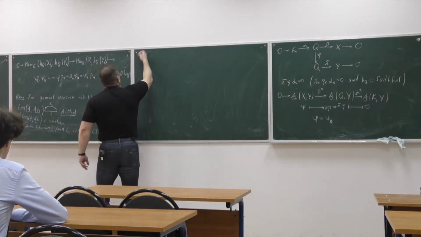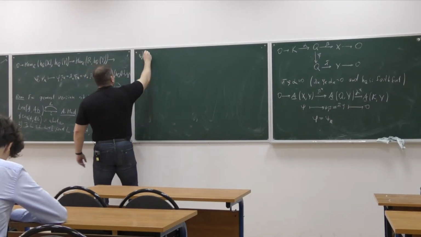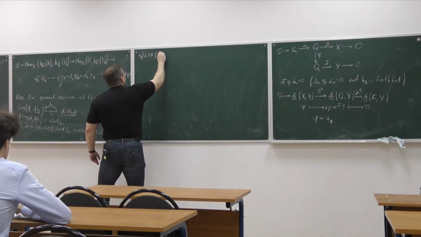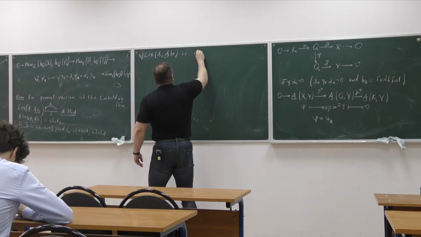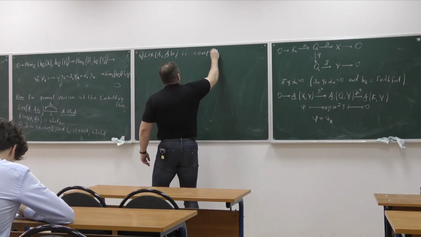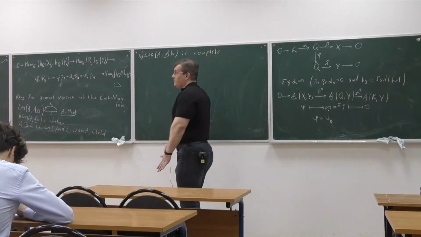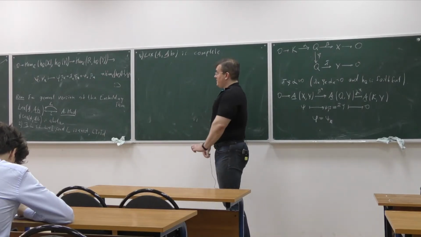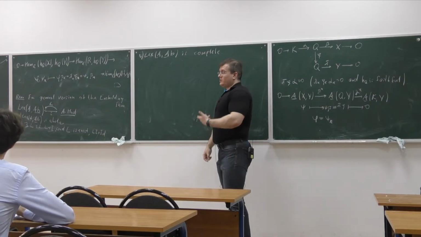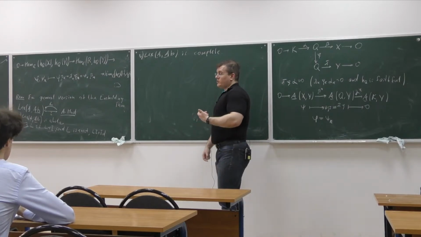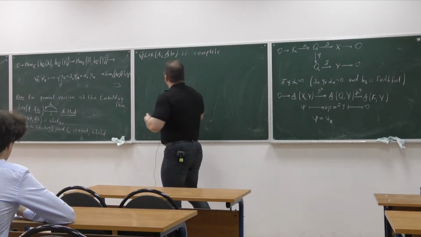Probably that's all I want to say. So another observation would be three: Lex(A, AB) is complete, which is easy. You need to show that they have products, but the products of left exact functors are left exact. That is because the kernels commute with products, because both are limits. So this is easy.